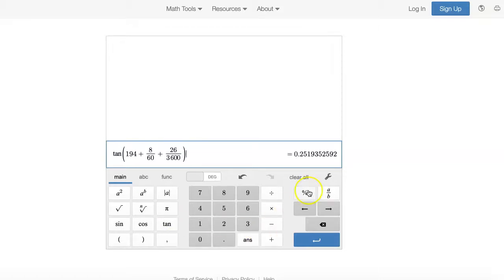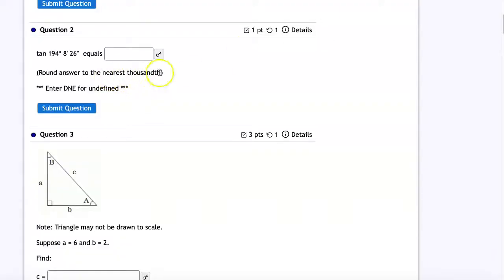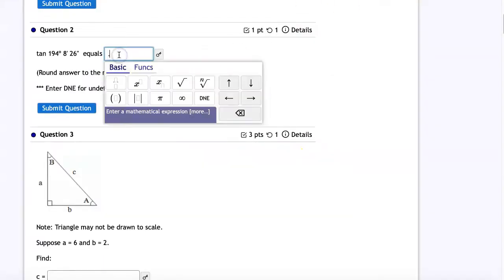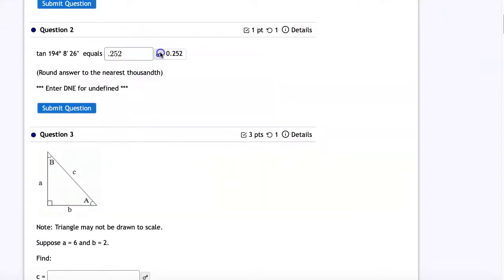And now I can see that the answer is 0.2519, etc., rounding to the nearest thousandths. So that would be 0.252. And that, in fact, is the answer right there.